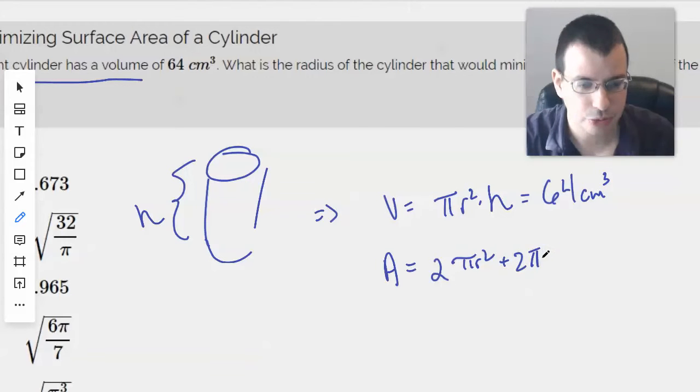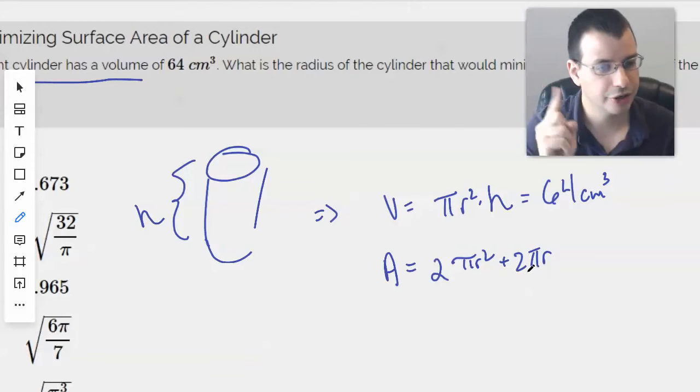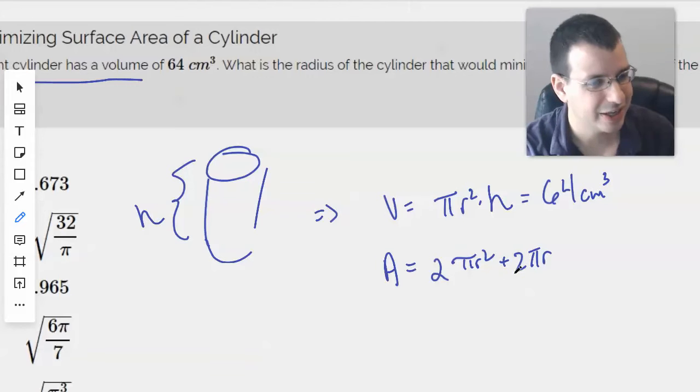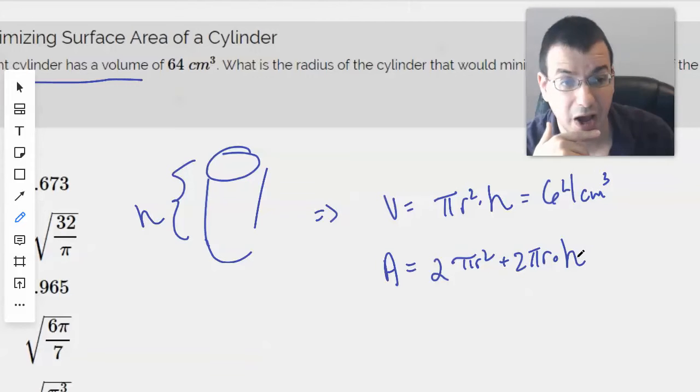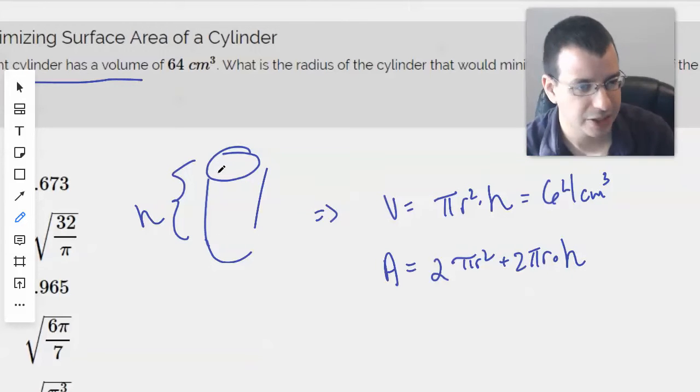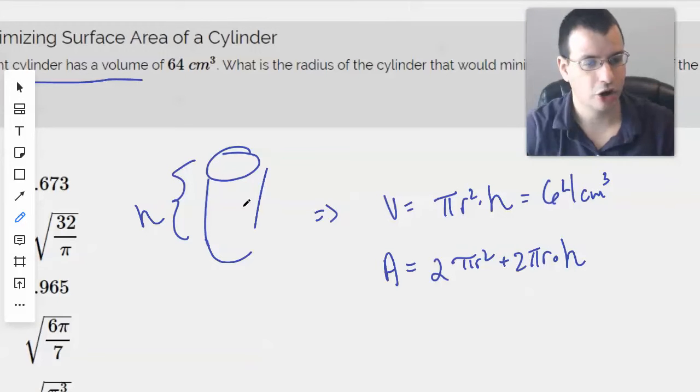Then we'll have 2 pi r, which is the circumference. It's just coincidence that these look the same. And that will be multiplied by the height. So you find the circumference of the base and then multiply by the height to give you that hollow cylinder.